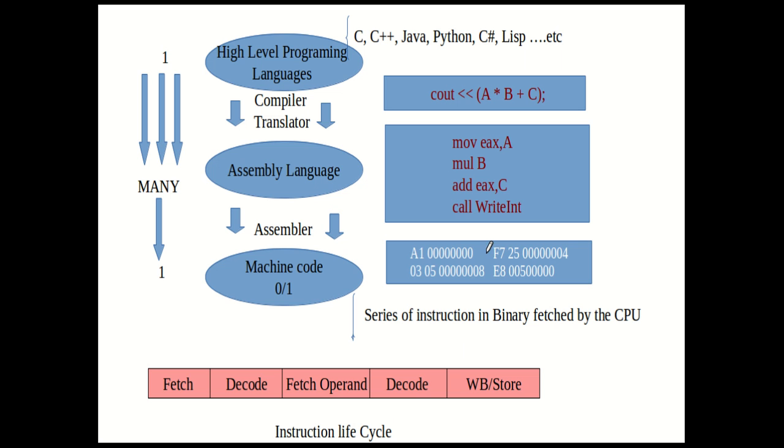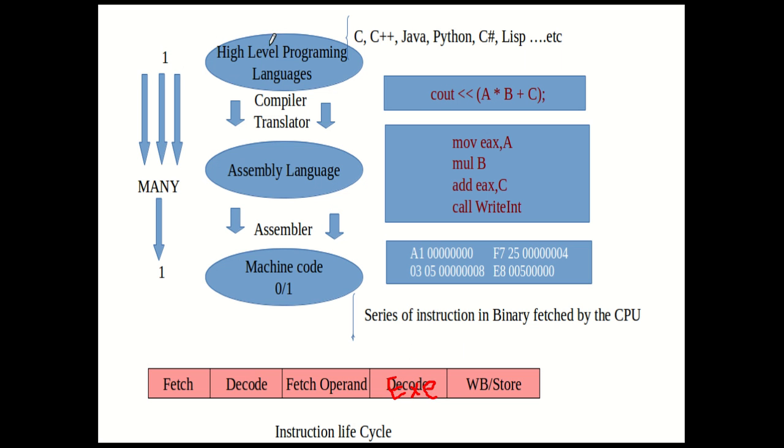Fetch the instruction. Decode, knowing this is a move instruction. Fetching the operands, EAX and A. And here it should not be decode, it should be execute, sorry about that. This is execute, E-X-E. We execute the instruction and then we write back, or the CPU does that.